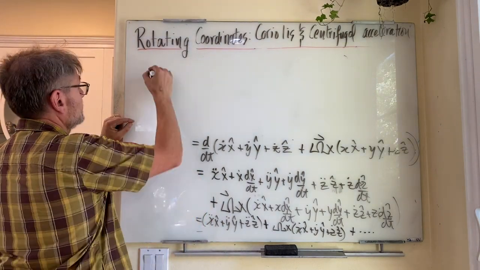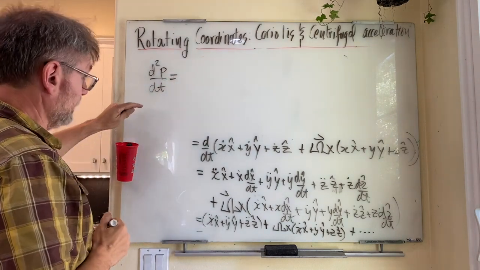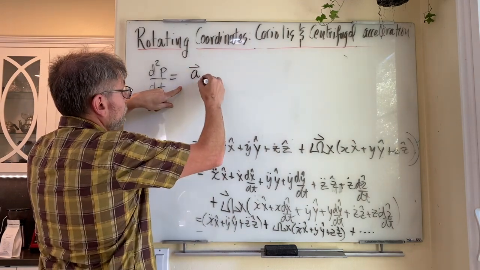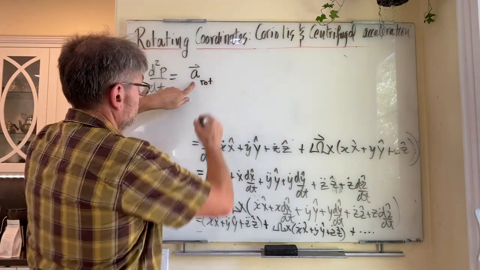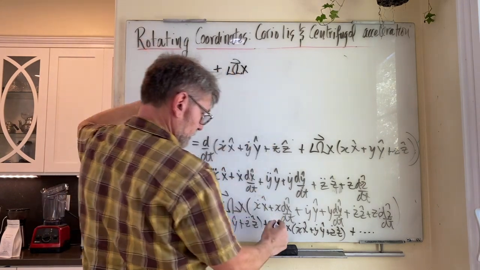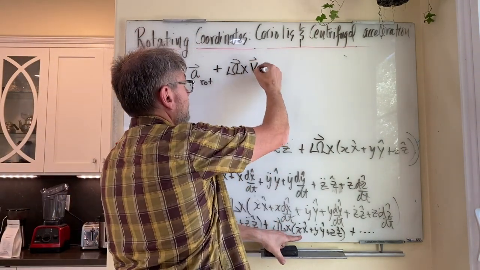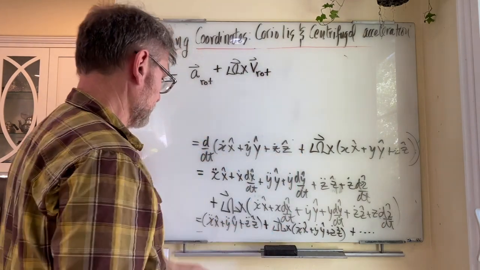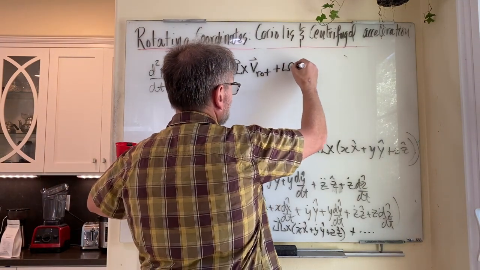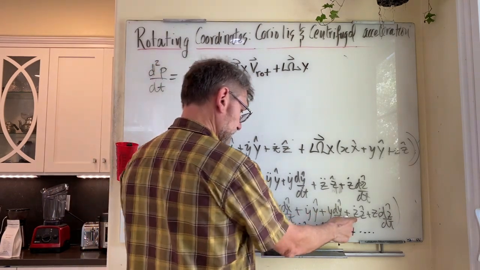I have the second derivative, d2p dt2, is equal to the acceleration, this term, a in the rotating frame, plus omega cross, this is a vector omega, cross with this just looks like the velocity in the rotating frame, v in the rotating frame, plus, then I have the last line here, or the second line, plus omega cross, and on the inside, what if I combine this, right?